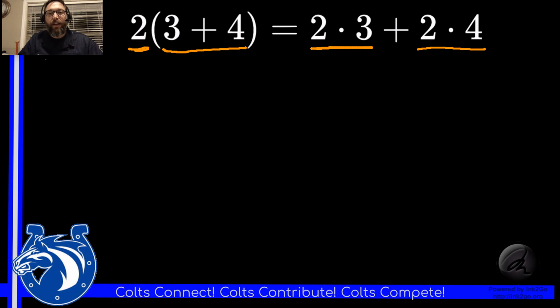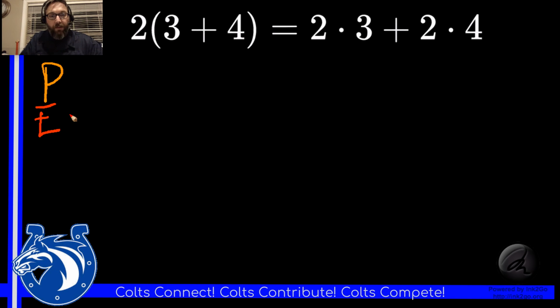Okay, so let's take another look at this and let's just look at it step by step. So if we look at PEMDAS, remember we have parentheses, then we have exponents, and then we have our multiplication and division, followed by some addition and subtraction, right?